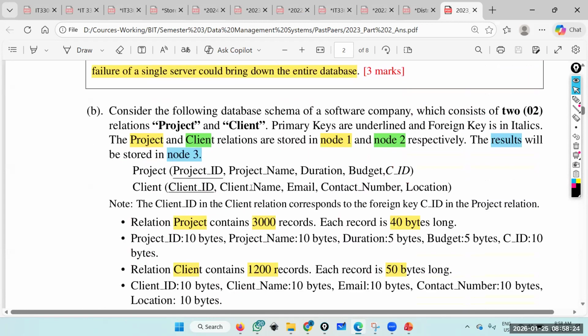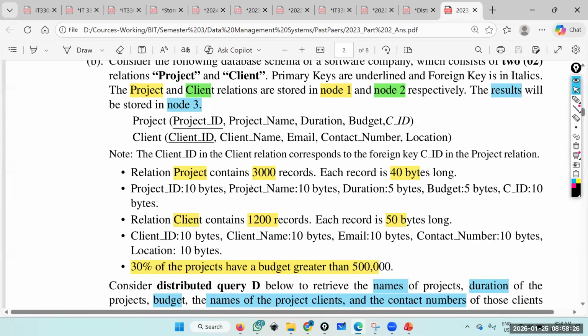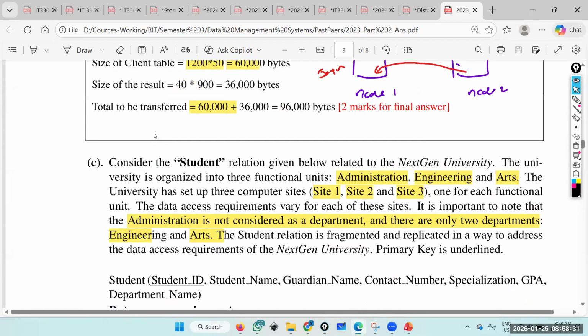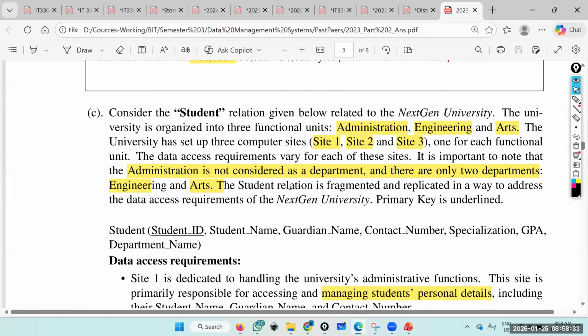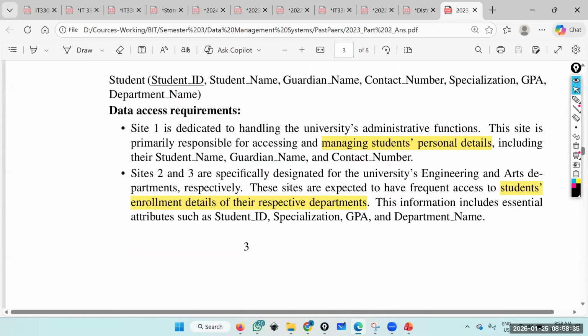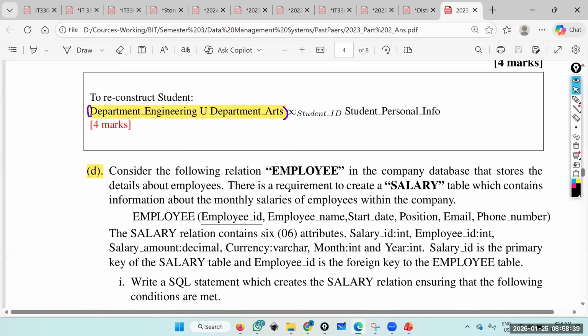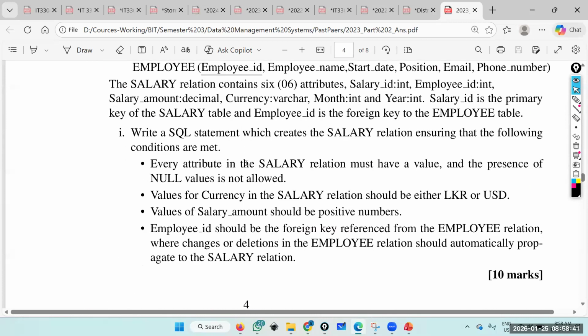Yeah, A part, B part, we discussed. Yes, C part, that is what we discussed now. Yes, there's a D part also, right?